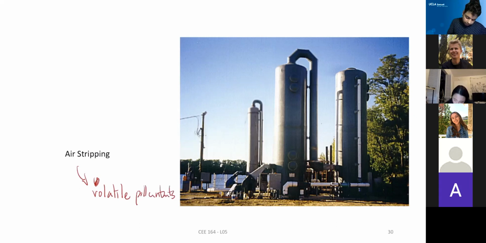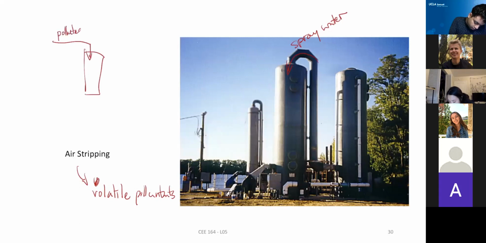The idea here is that you spray contaminated water. So you have a tank here, and you put in contaminated water. This is polluted water. You have a nozzle here, you spray it, and you also blow clean air in.